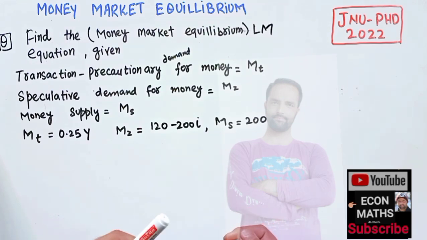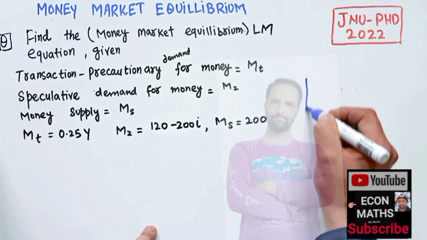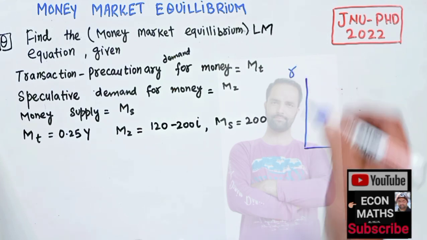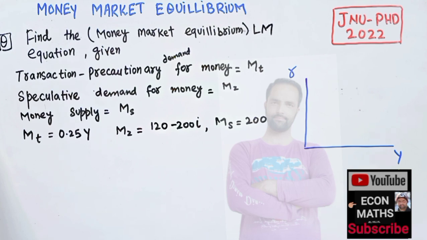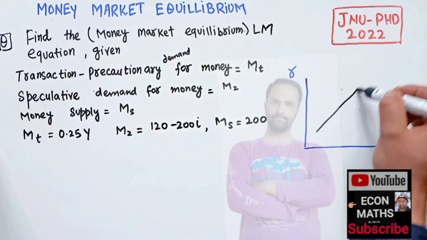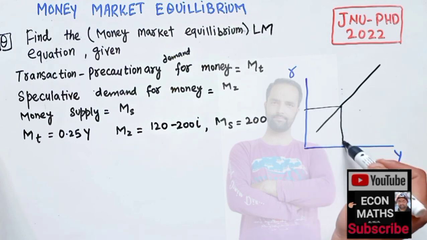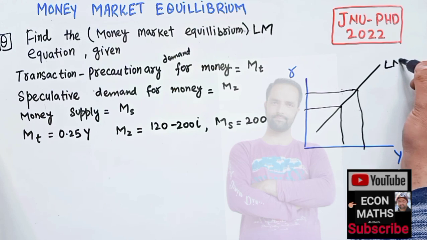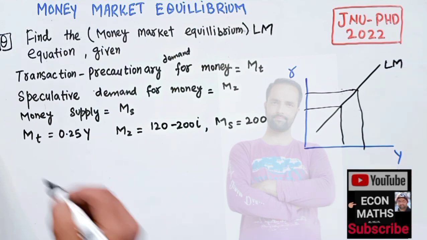Now the money market, rather the LM curve, and let's first draw the graph, and we have income on this side, rate of interest on this side. The LM curve shows us different combinations of rate of interest and level of income where our money market is in equilibrium.